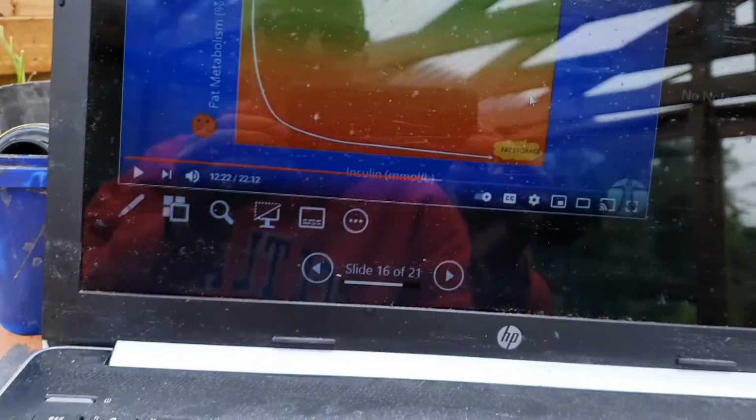So I'm going to show you a graph on the computer now. Let me flick the camera around and have a look at that graph. Sorry about the reflection in the background, but all I want you to see is the shape of the graph.